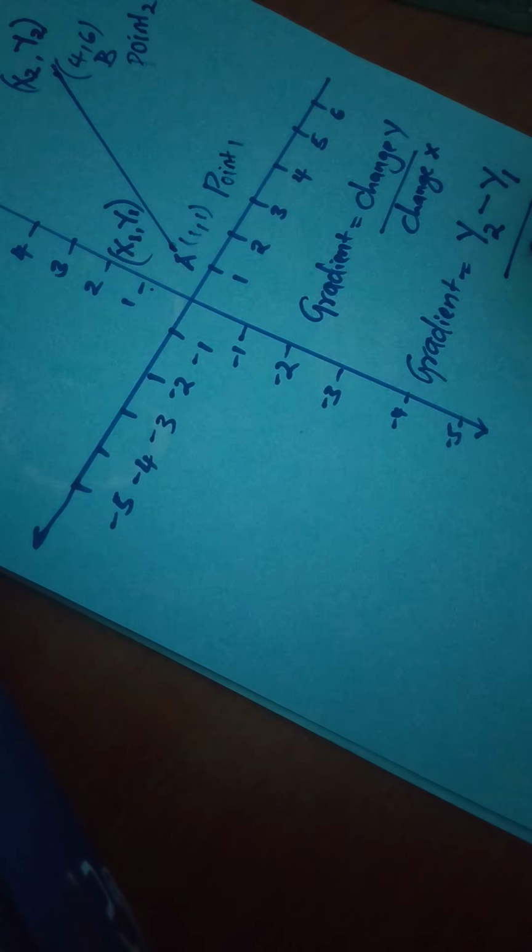I divide by my x2 minus x1. As simple as that. So I have y2 minus y1 over x2 minus x1.